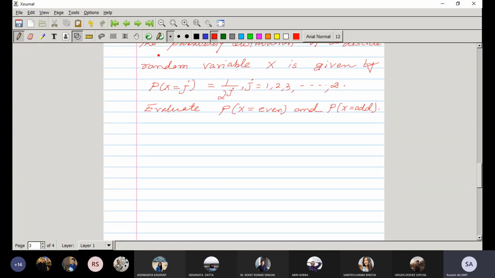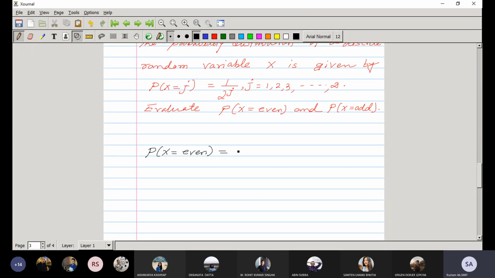Okay. So first, suppose we are evaluating probability x equal to even. Now what are the values that x can take?